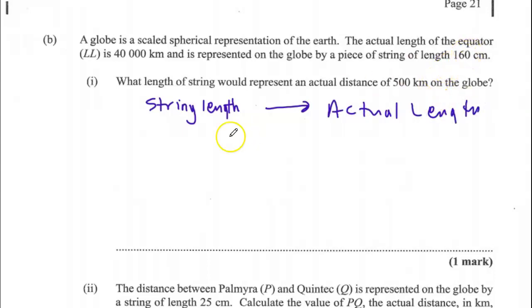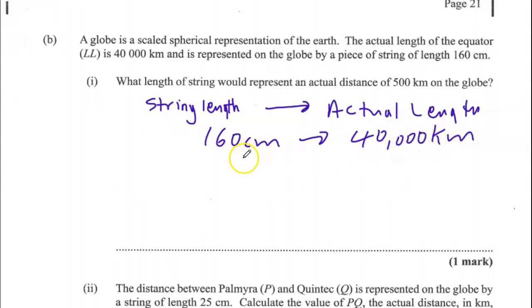A string length of 160 centimeters represents 40,000 kilometers. We can divide both sides by 160, so a 1 centimeter string would represent 40,000 divided by 160, which is 250 kilometers.